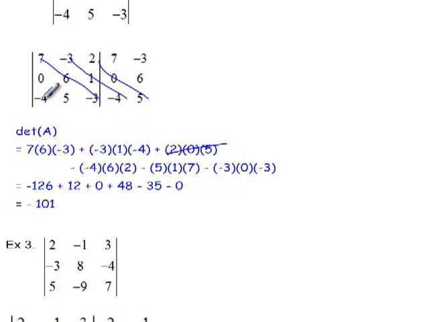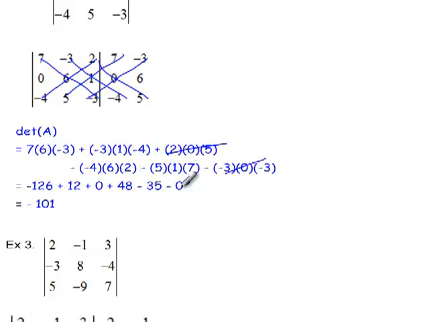And then minus the other group. Negative 4 times 6 times 2. Minus 5 times 1 times 7. And minus negative 3 times 0 times negative 3. So you know this will drop out also. So 7 times 6 times negative 3 is negative 126. 3 times 4 is 12, but it's positive. Plus a 0. And then plus 4 times 6 times 2 will give you 48.